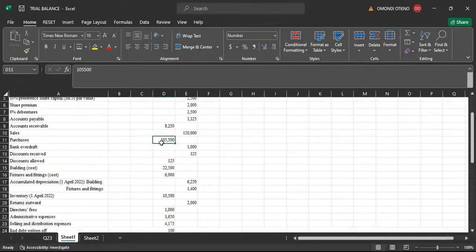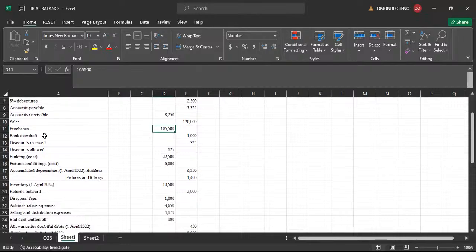You're able to see where they are placed. Bank overdraft, that's a liability. Discount received, income item. Discount allowed, expense item. Buildings at cost, that is a non-current asset. Fixtures and fittings at cost, that's an asset, and of course non-current.